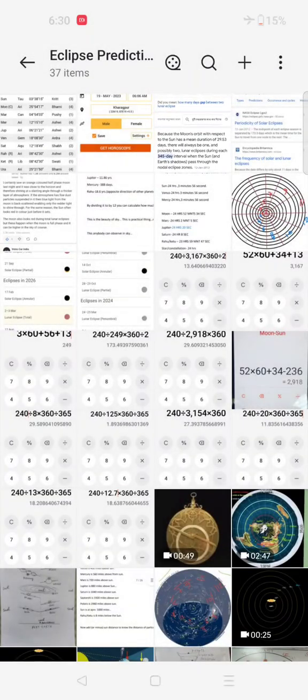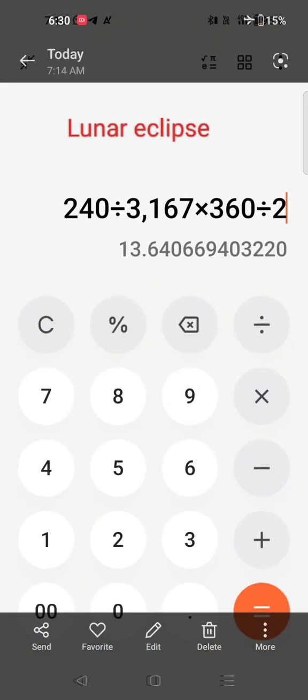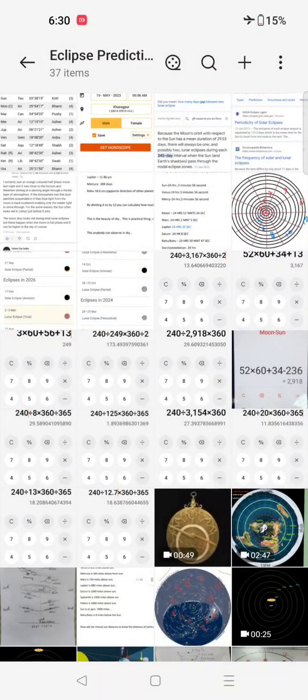That is possible because two lunar eclipses happen in 13.6 into 2, 27.3 days. So after 28 days there can be a lunar eclipse, because the Moon will again be covered by Rahu and Ketu.